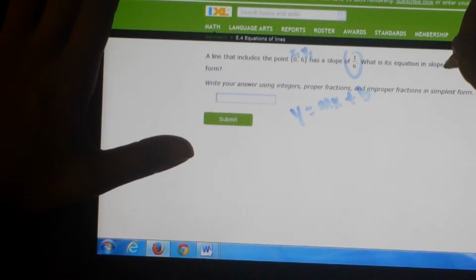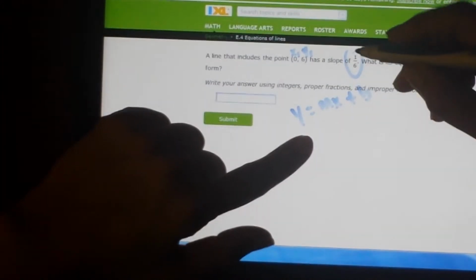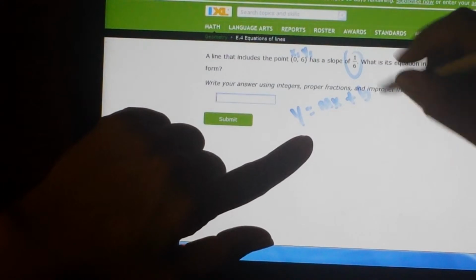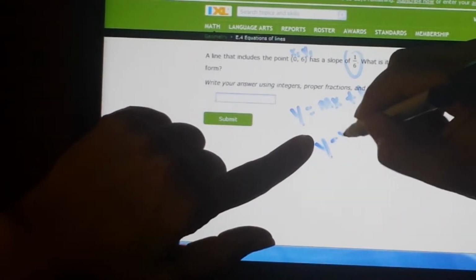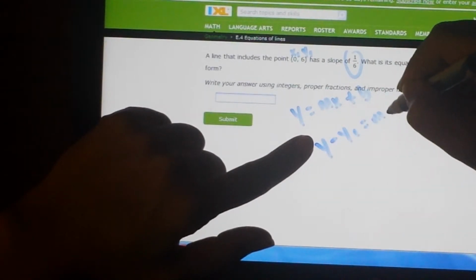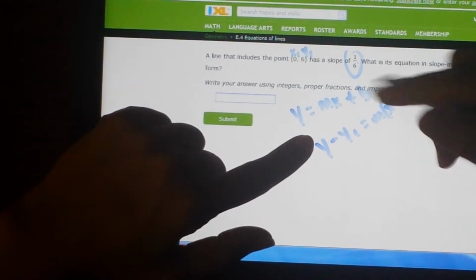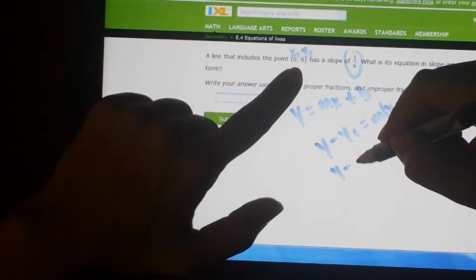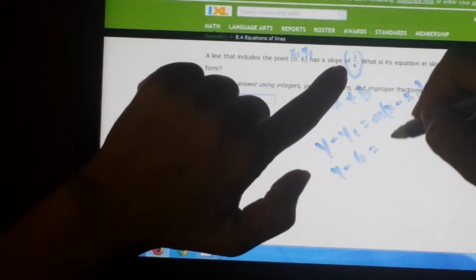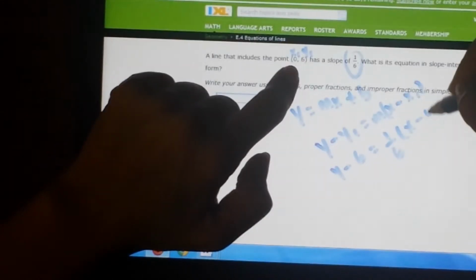But the equation that I need, because I'm given a point, is y minus y1 equals m times x minus x1. Okay, so I'm just going to plug it in. Y minus y1, which is 6, equals m, which is 1 over 6, times x minus x1, which is 0.